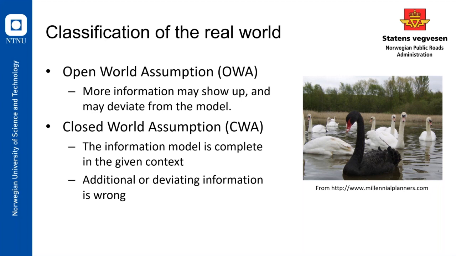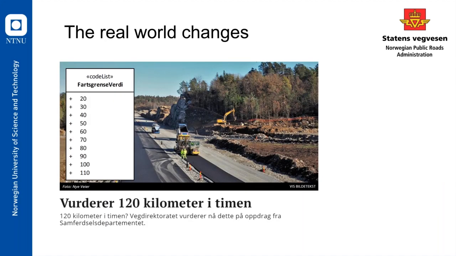This is an example from Norway. I'm sorry about the Norwegian text here, but what this says is that in Norway now we have speed limits at the different levels up to 110 kilometers per hour. Now we are considering adding a level of 120 kilometers an hour.